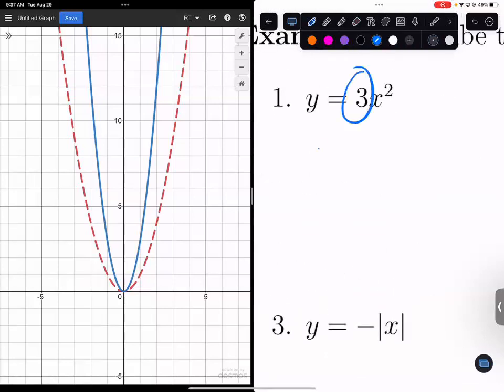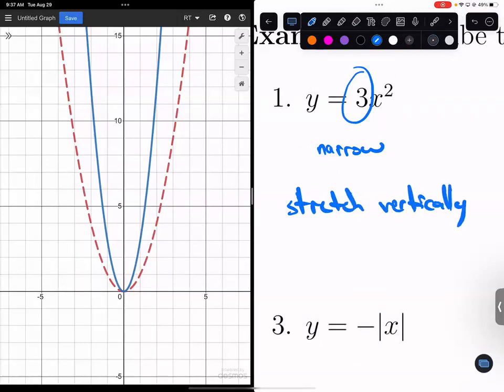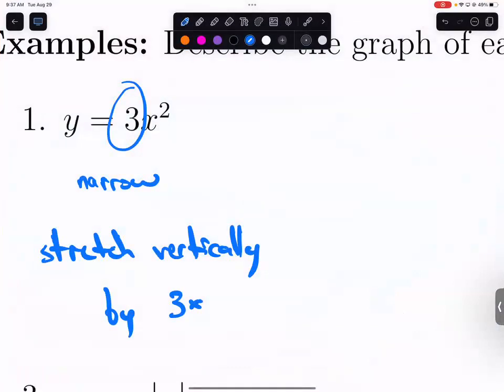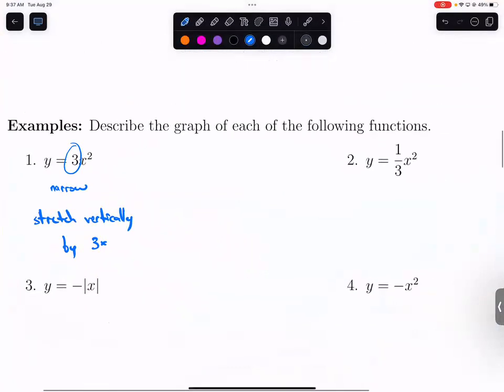So this would be narrow or skinny or whatever, right? It's a stretch vertically by a factor of 3. This is going to be wider because it's a shrink, a shrink by a factor of 3.